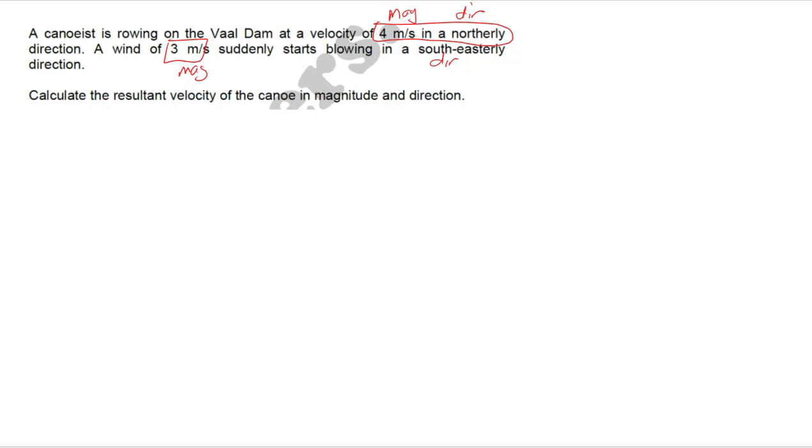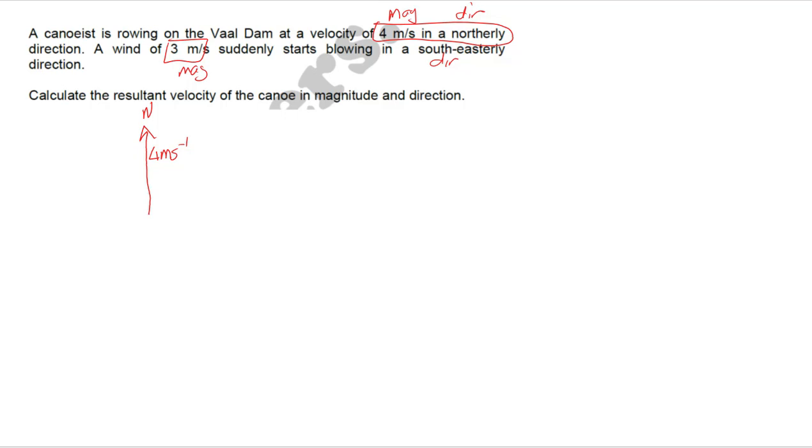Okay, so step number one is we want to draw a vector diagram. So the first one is we'll have the canoeist in a northerly direction at 4 meters per second. And a wind starts blowing in a southeasterly direction. Remember, for vectors we always use the head to tail method.